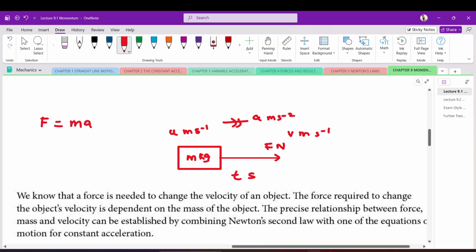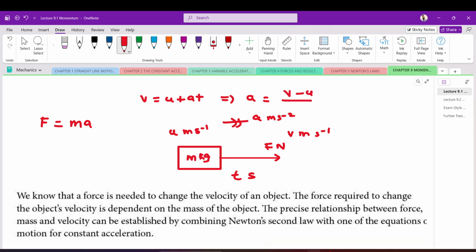Now, let's say that I don't know what a is, but I know the initial velocity, the final velocity, and the time. So here we can use the equation v is equal to u plus at. From here, we can make a the subject of the formula. That will be v minus u upon t.